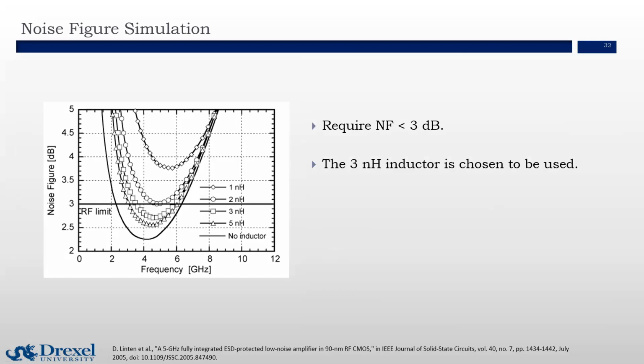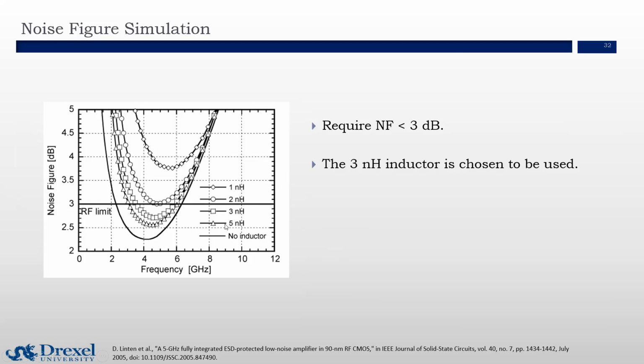Another important metric in RFIC is called the noise figure. Typically for an LNA, we require the noise figure to be lower than 3 dB. This is a simulation with different inductance of ESD circuits. If we draw a horizontal line at a 3 dB noise figure, and we want to determine the operating frequency, for example, between 4 gigahertz and 6 gigahertz, then we can only choose the inductance with 3 nanohenry or 5 nanohenry.